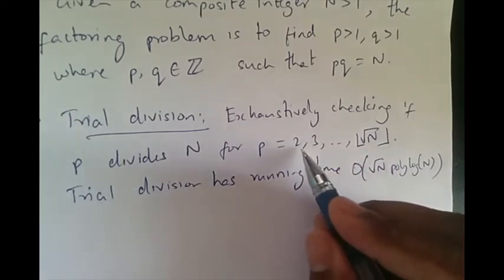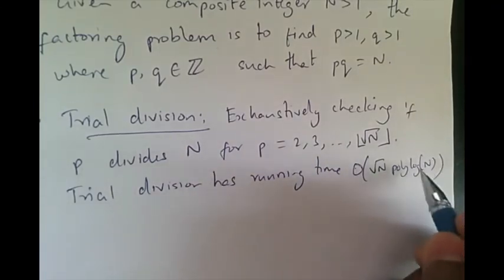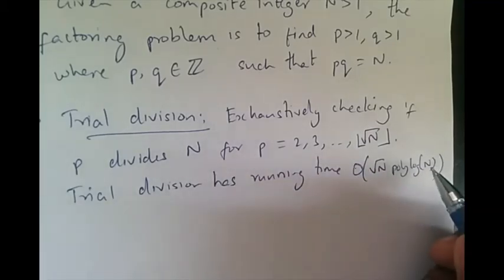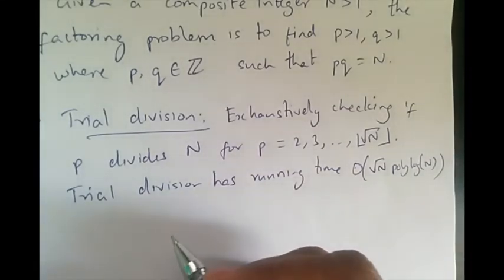This is an upper bound, because when p is small, it will take much less time than polylog n. But this is a good estimate.